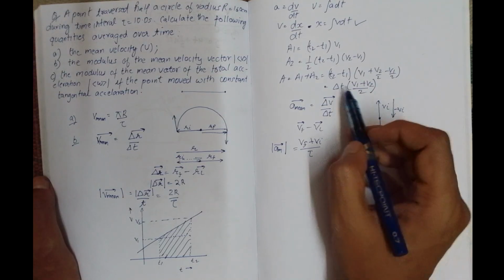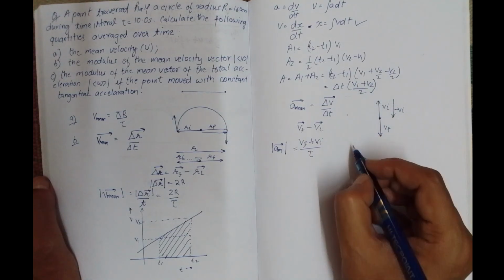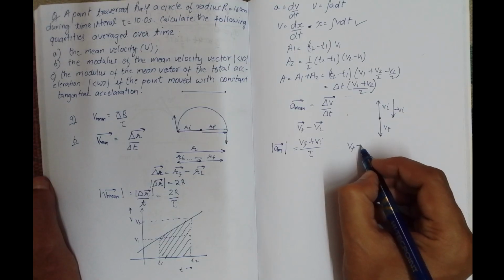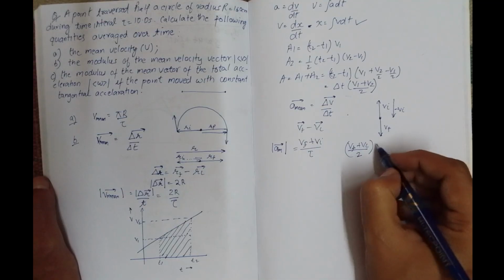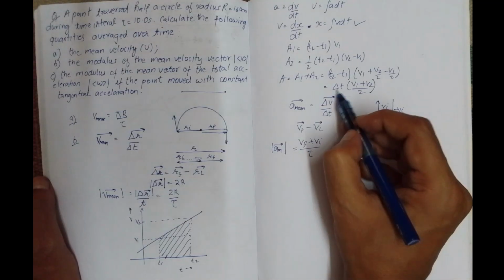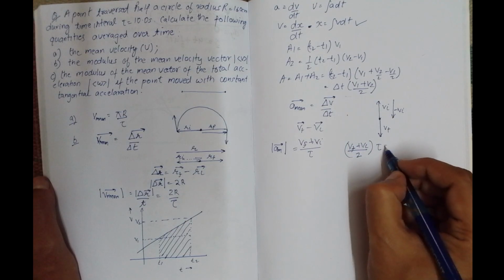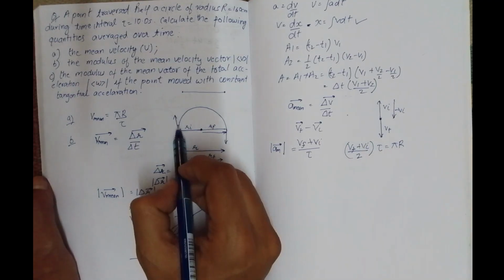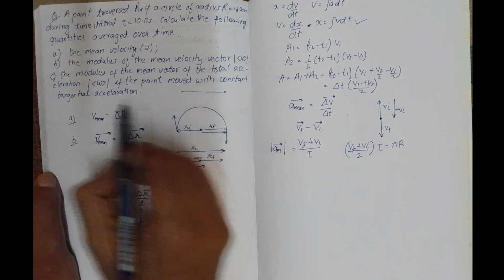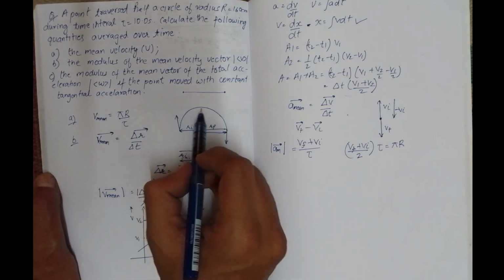Now we know from this that VF plus VI by 2, multiplied by the time taken, tau, is equal to pi r. Why? Because this is a case of constant acceleration. Right? The total distance traveled is pi r.